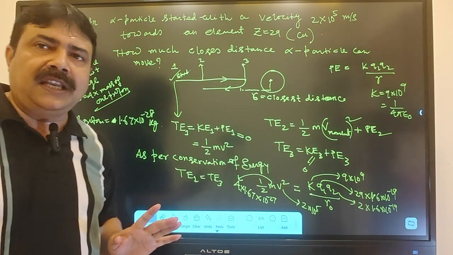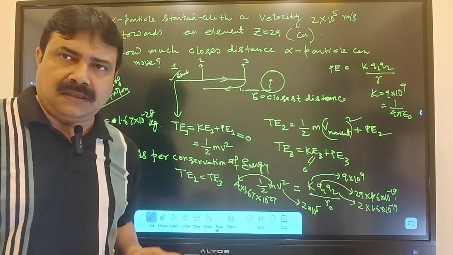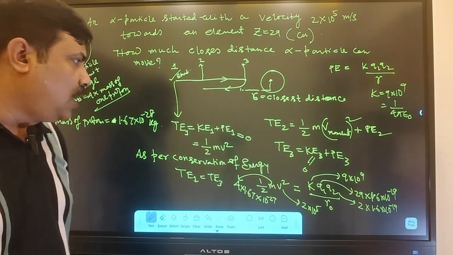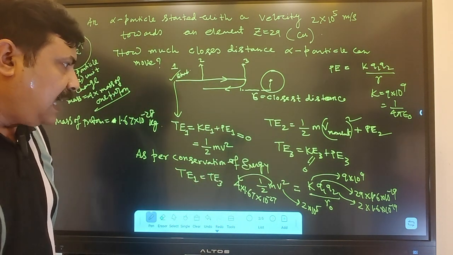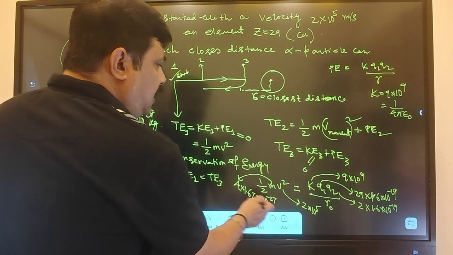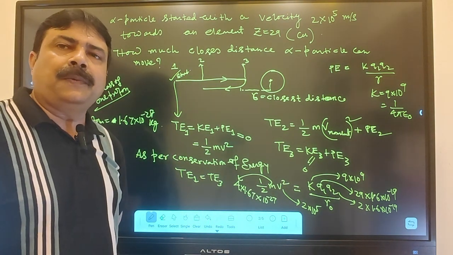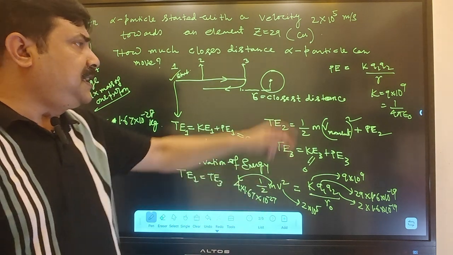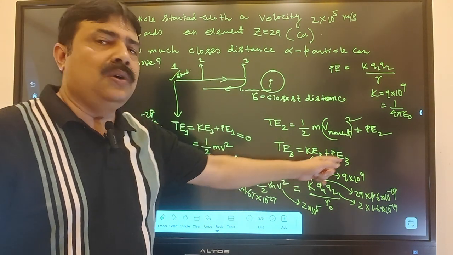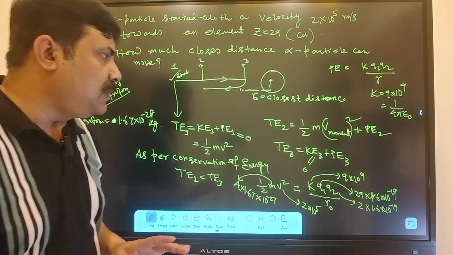Initial point total energy is only kinetic, which is half into mass into velocity square, and the mass you know already: the mass of the alpha particle is 4 into the mass of the proton. Then velocity they mention, K we know is 9 into 10 power of 9.